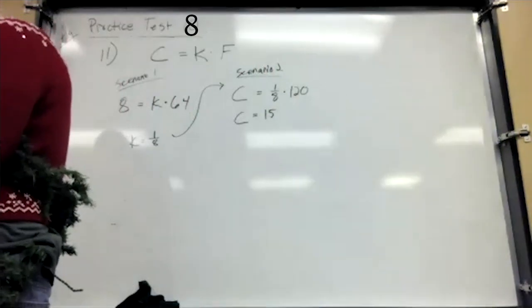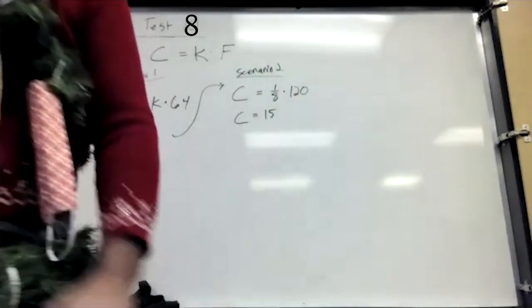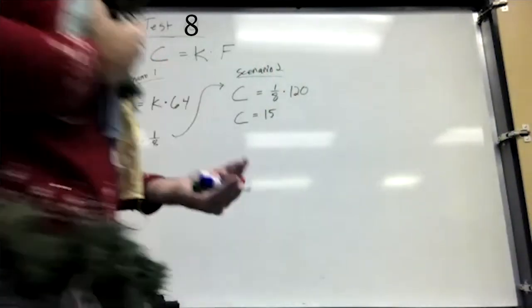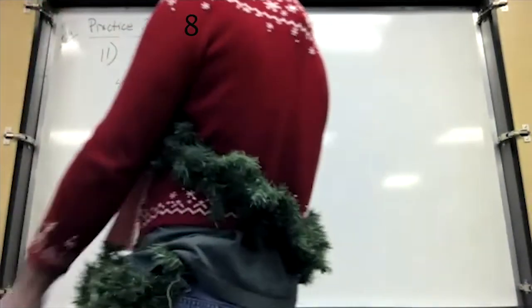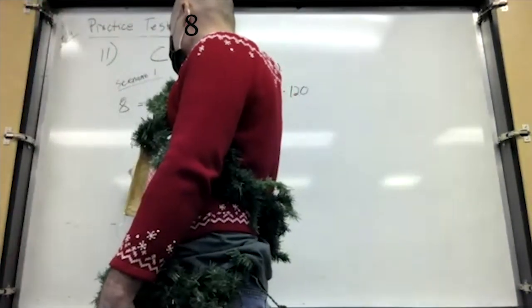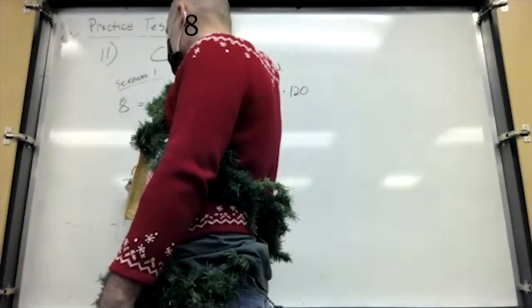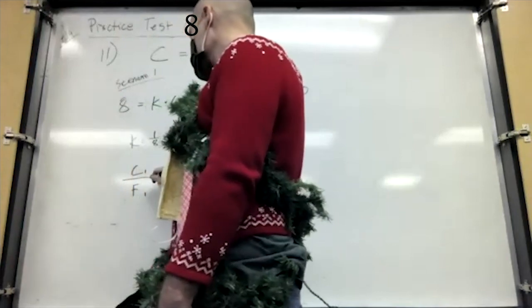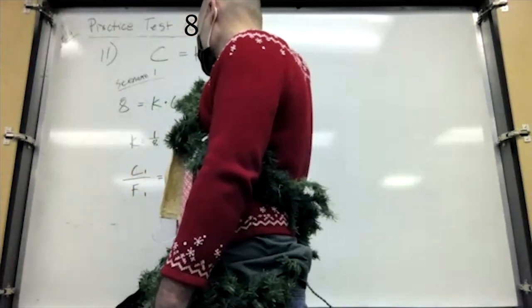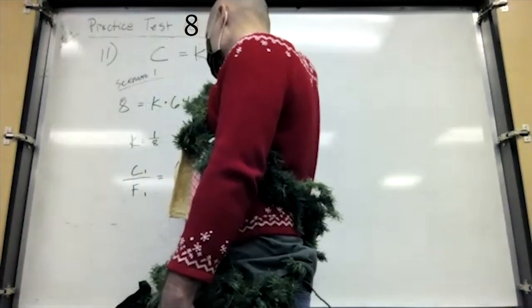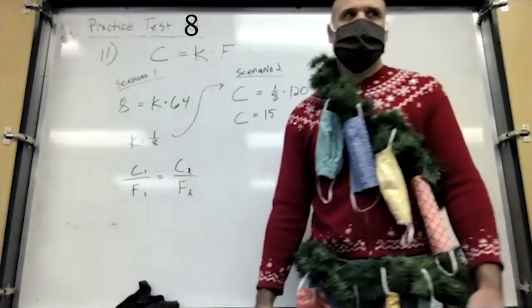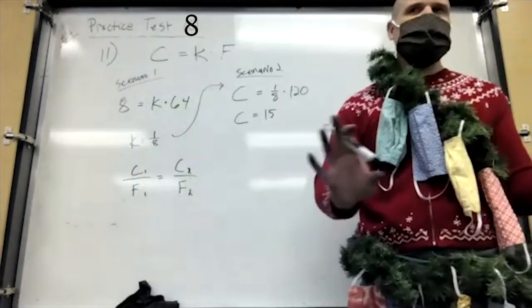It says write a proportion and cross multiply. This is actually the easier way. This is the scale factor way. So if you say the number of cups varies directly with fluid ounces, you can write your proportion like this. And look at how easy this is. We don't have to deal with K's or anything.